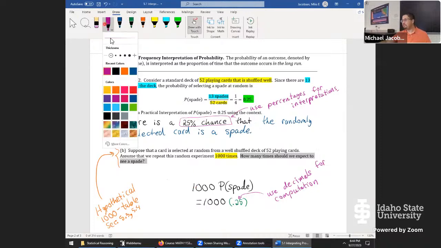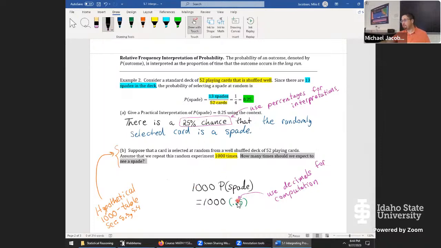If you take 1,000 times 0.25, now we're just moving the decimal spot 3 units to the right, so we get 250 spades. And this weird little action of taking 1,000 times a specific probability to get a quantity, that's going to be our major workhorse for doing probabilities of more complicated events. So we'll see that in sections 5.3, 5.4. Any questions, folks, on our computation here in part B?